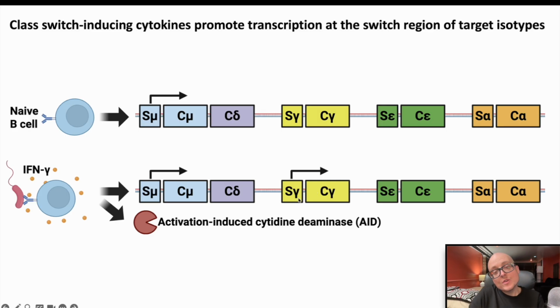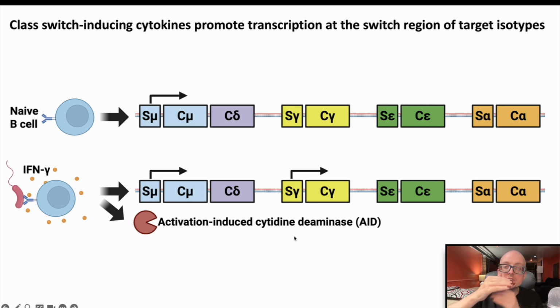And the reason that transcription is so important is because transcription necessarily opens up the double-stranded DNA so that RNA polymerase can bind, among other molecules. And that opening up of the DNA also exposes the DNA to a unique enzyme that is only expressed in B cells called activation-induced cytidine deaminase, or AID. Again, this is uniquely expressed in B cells, which is one of the reasons that only B cells do class switch recombination.